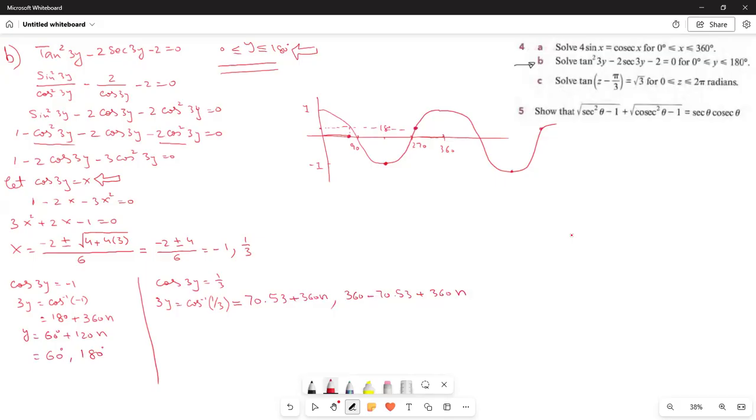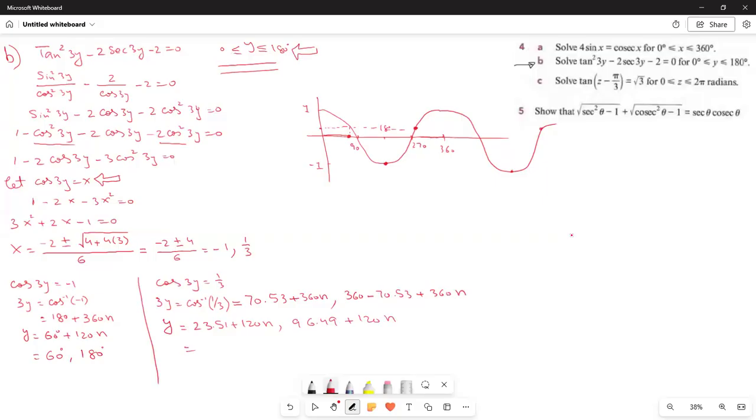I hope I'm not confusing you guys. Now I have to find those angles which fall between 0 and 180 degrees. No, sorry, before that, I have to divide by 3. So y is equal to, when I divide by 3, 23.51 plus 120n, and 360 minus 70.53 divided by 3 will give us 96.49 plus 120n.